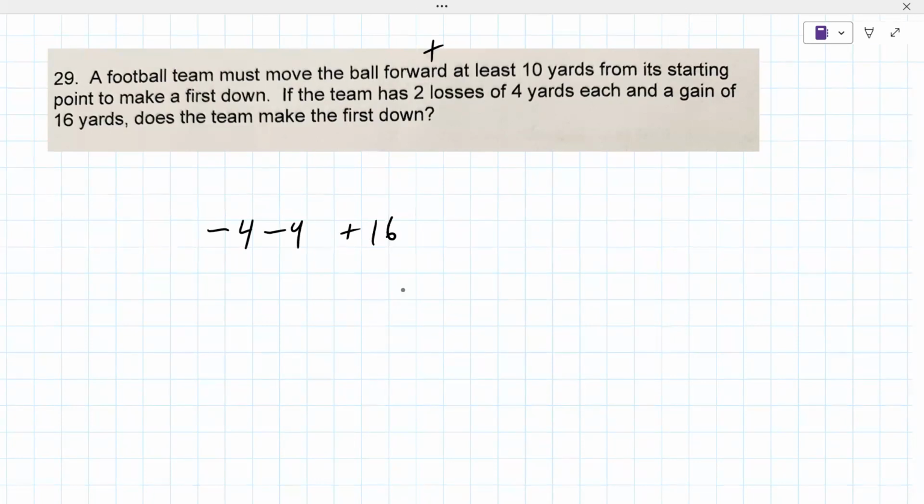And then adding 16. -8 plus 16 is 8. So no, they don't make the first down. They end up getting 8 yards, which is not enough.